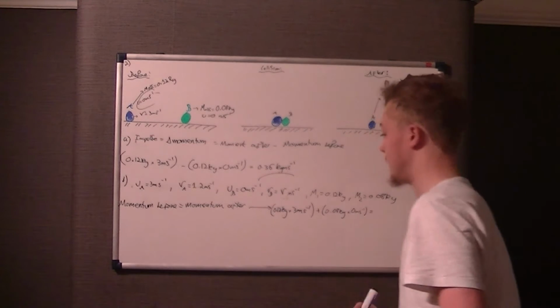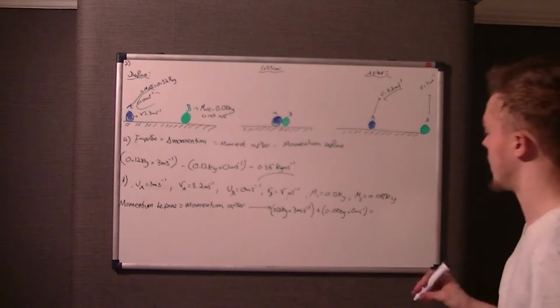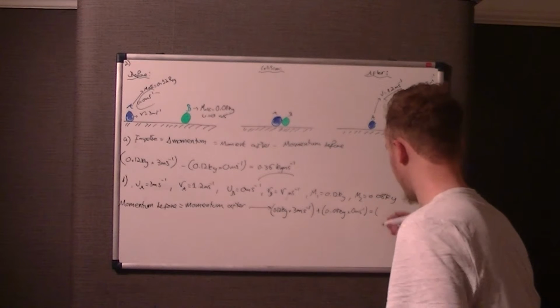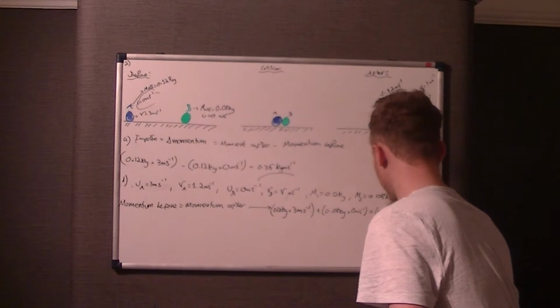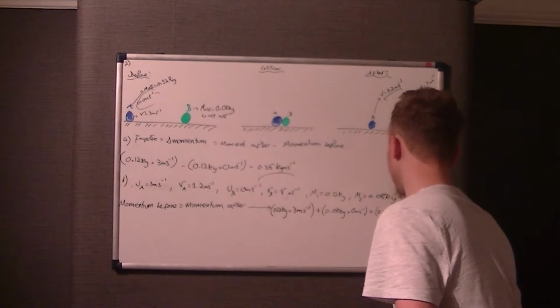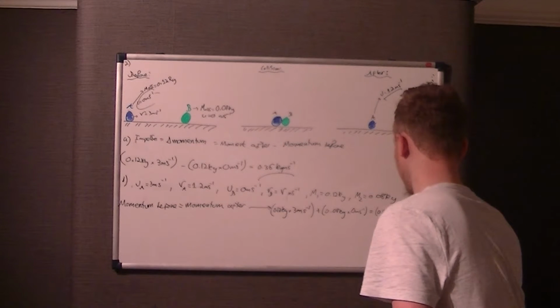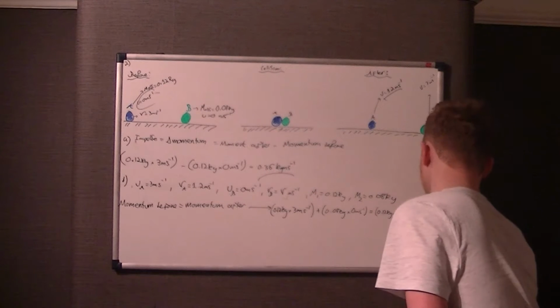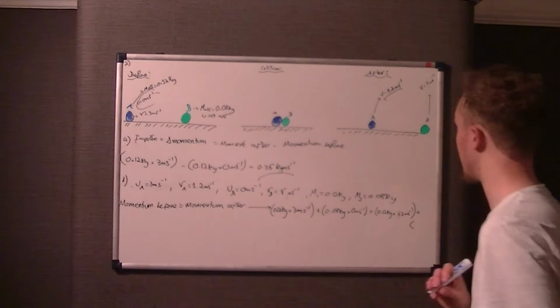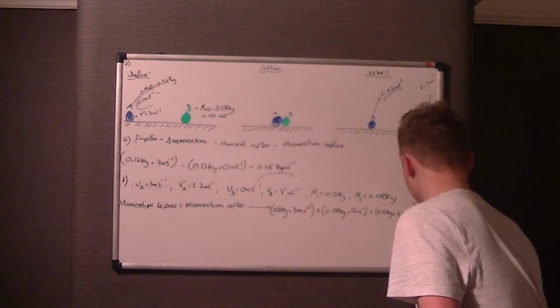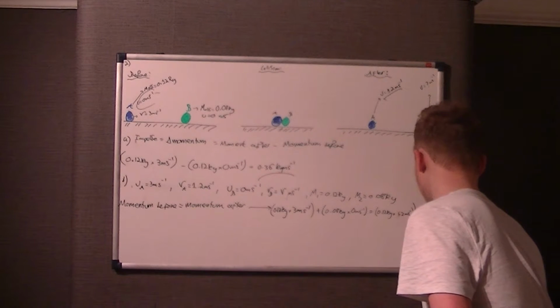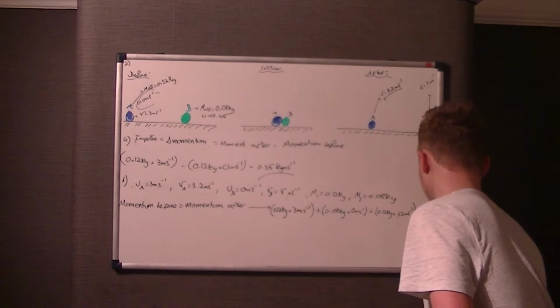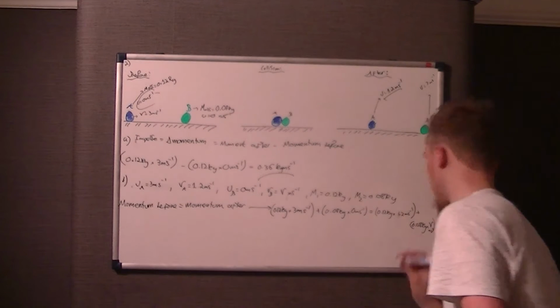And that is equal to the momentum after, where we know the mass of A and the velocity of A, which is 0.12 kilograms times 1.2 meters per second. And the only other thing we haven't included is the mass of B, which is 0.08 kilograms, multiplied by its final velocity, or in other words, v meters per second.